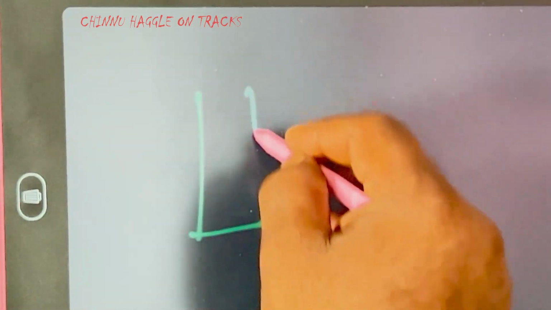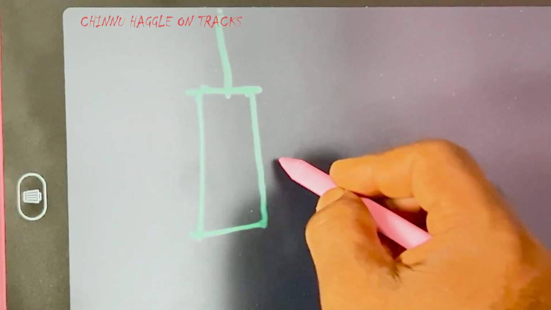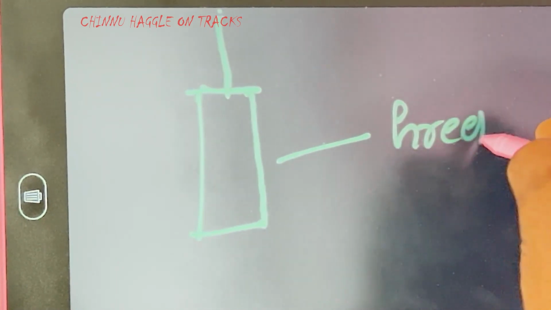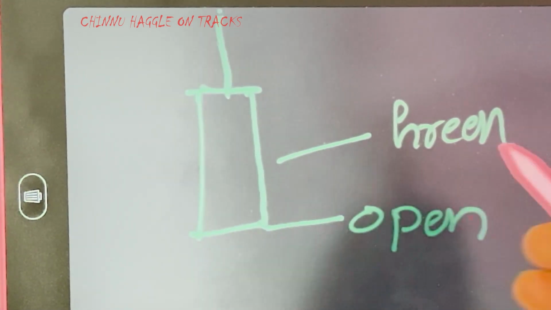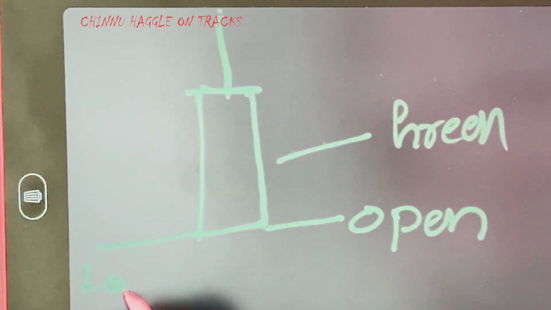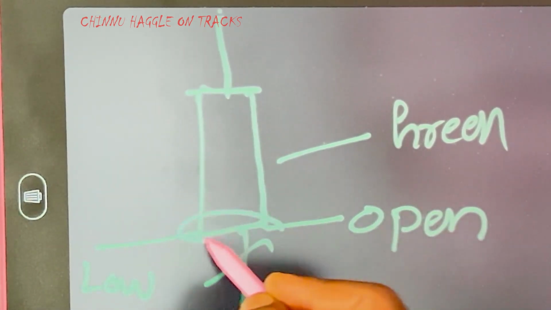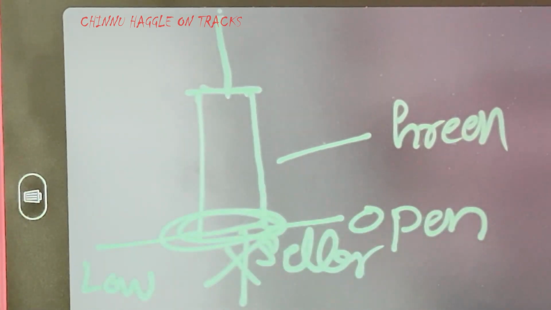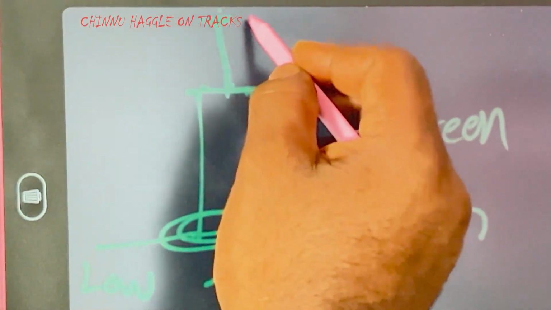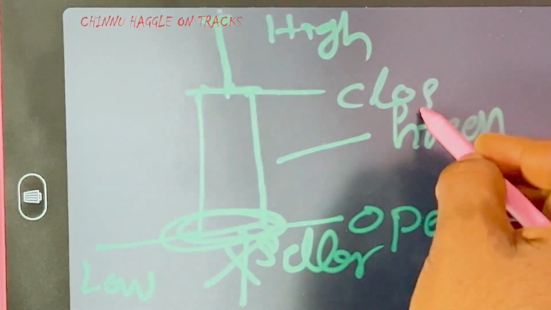Here you need to understand when it forms this kind of candle, suppose it's green, this is the open point as well as the low point. There is no wick here, meaning potentially the buyer is very strong, there is no seller at this particular point. And it reaches up to this place. This is the high of the candle and this is the close of the candle if it is green.